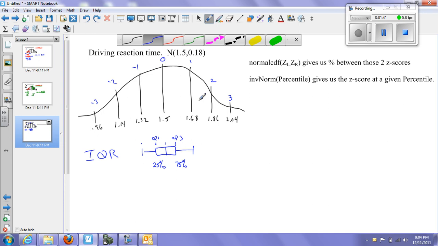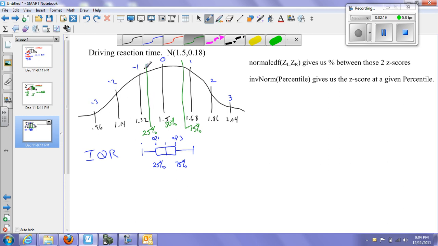Under my normal curve, what represents my 25%, and what represents 75%? I know that the mean on my normal curve is always going to be 50%. So I want to know 25% this way, and 25% that way.